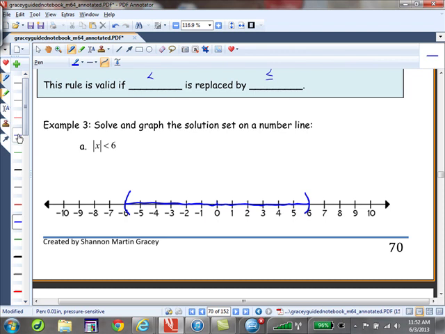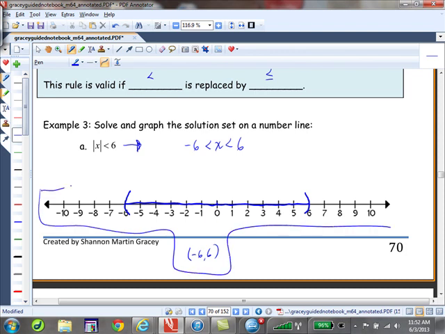Here, using our definition, x will be between -6 and 6. So in interval notation, the result is -6 to 6, and this is our answer to this problem.